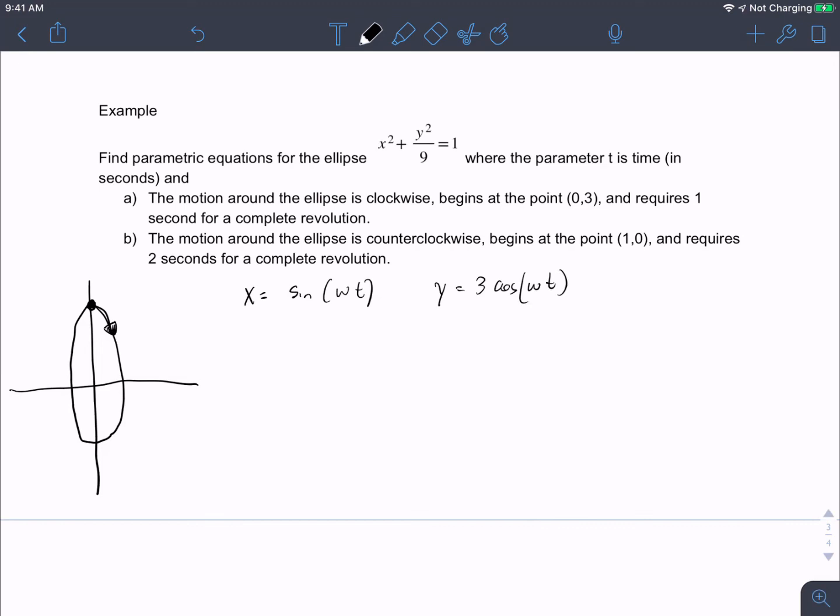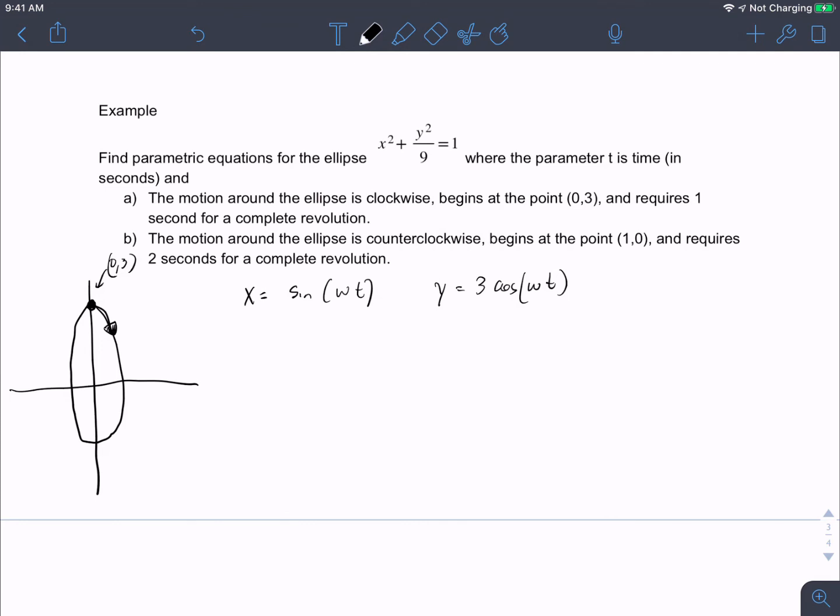And the reason that y is cosine is because if we start at angle 0, cosine of 0 is 1, which will give me a y of 3. And x is going to be sine of 0, which is 0, so we get our point, which is right here, (0, 3). So that's how I was able to find it.